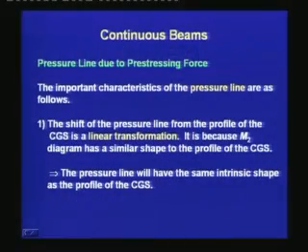This leads to an important corollary that the pressure line will have the same intrinsic shape as the profile of the CGS. Thus, we can do a back check that the pressure line should be of the same shape as that of the CGS.